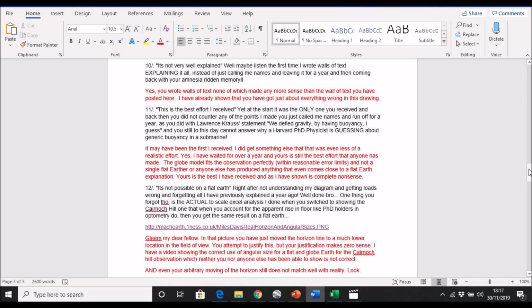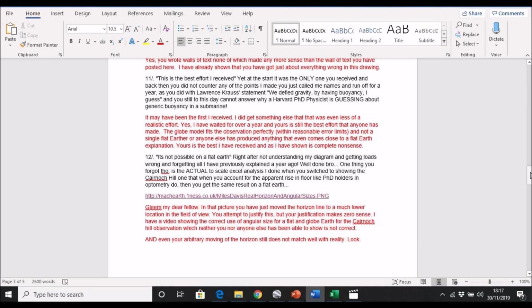I say, yes, you wrote walls of text, none of which made any more sense than the wall of text you've posted here. I've already shown that you've got just about everything wrong in this drawing. So it doesn't matter how much time and text you spent explaining it. If your drawing is based on the wrong numbers, it won't make any sense.